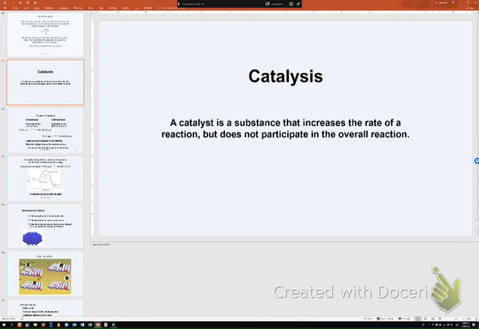Unimolecular steps have one reactant. And then there's bimolecular. What we've looked at so far are a bunch of bimolecular mechanisms. Bimolecular would be like the one that's here.